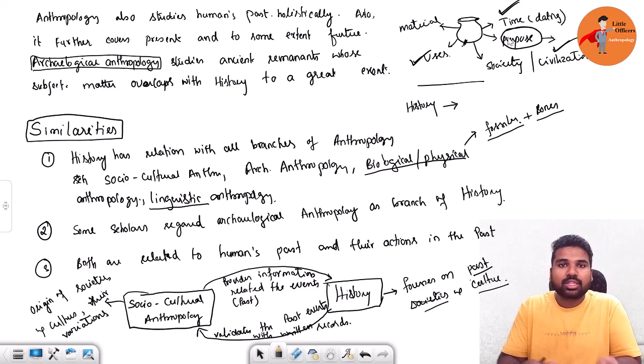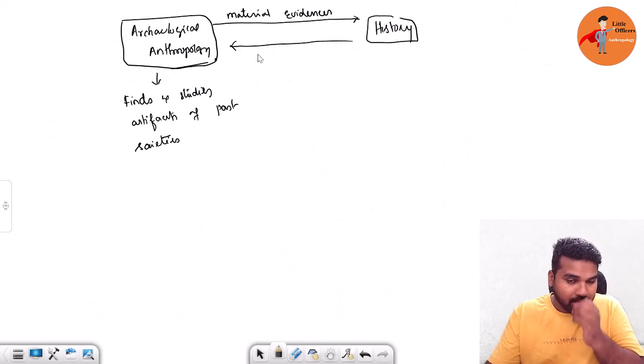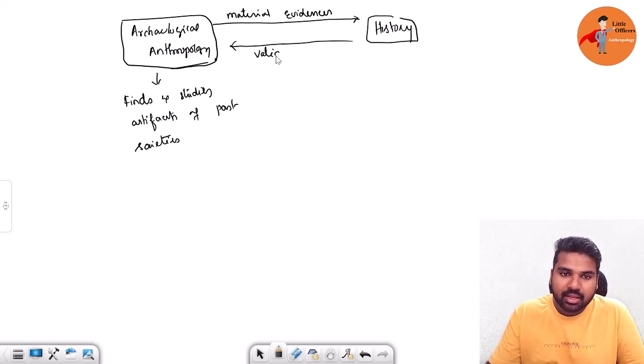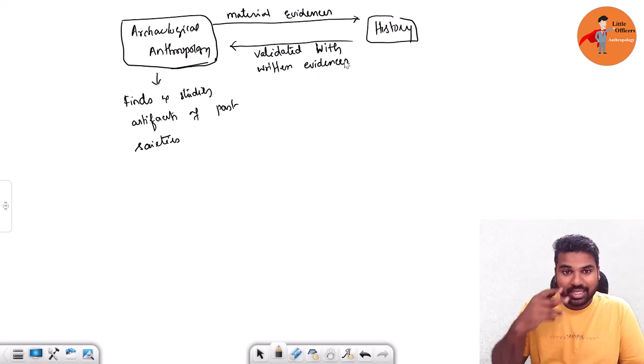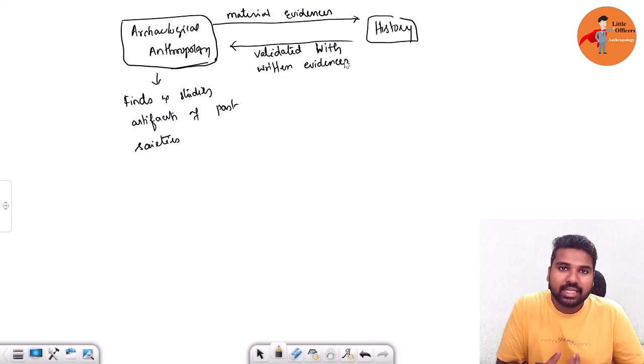So that's how both of them help each other. The material evidences and the purposes are validated with the written records, written evidences. Material evidences are validated with the written evidences. Same goes the other way, written evidences are validated with the material evidences. I gave the example a little while ago.